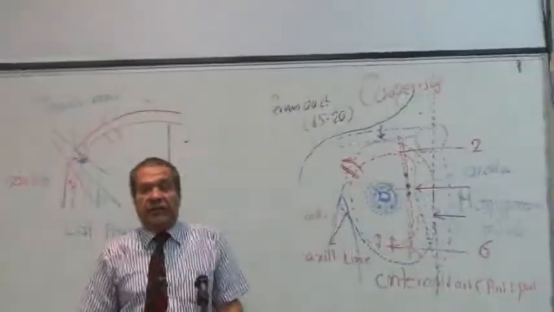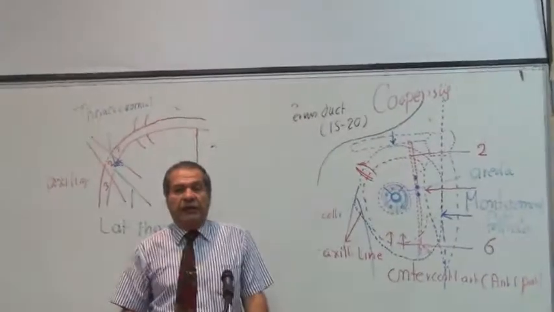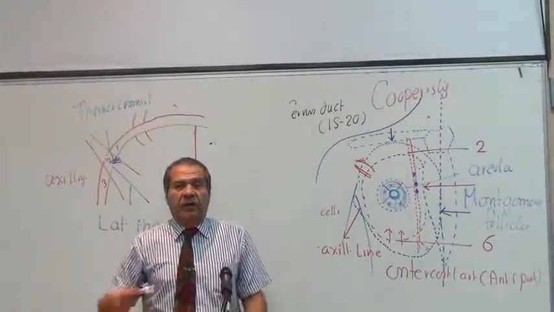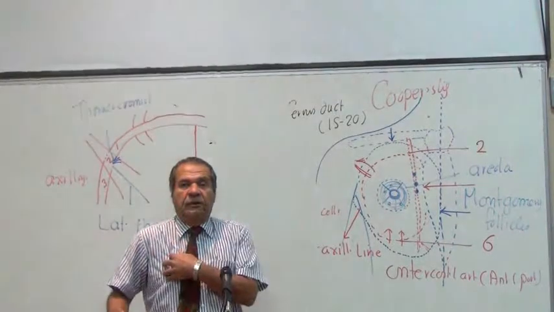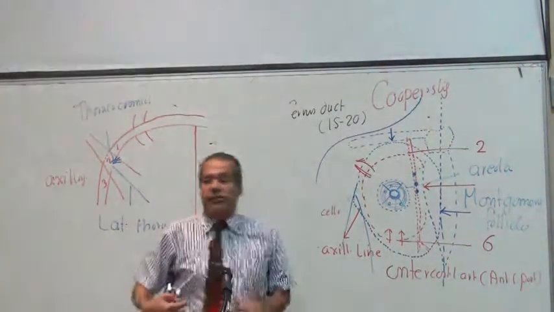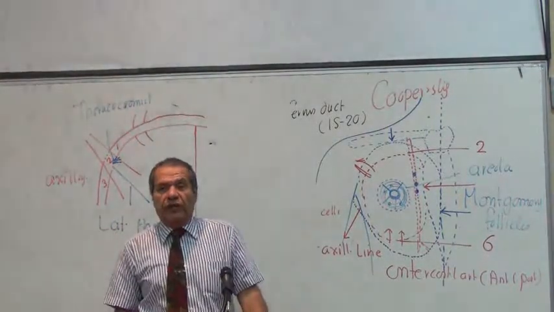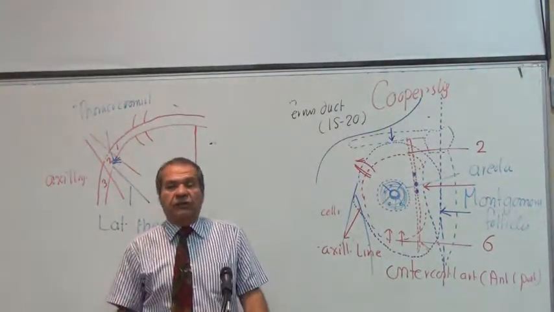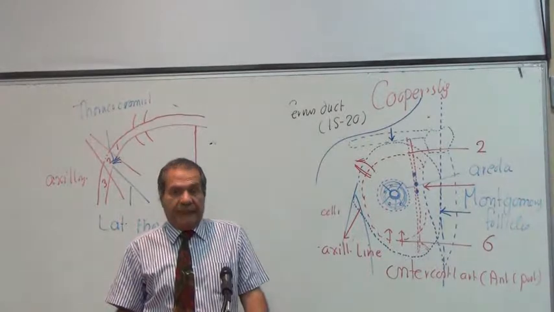This is the arterial supply of the breast. The internal thoracic artery, and the anterior and posterior intercostal arteries give the perforating branches to the female breast.